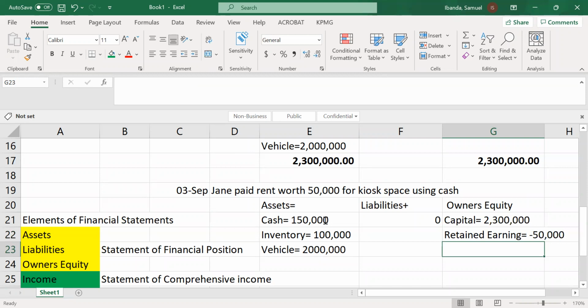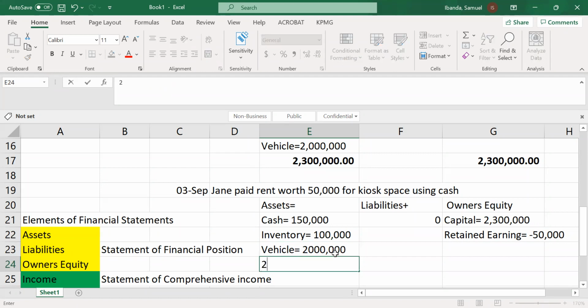So what that means is when we add this 150 plus 100 plus this, it is going to give us 2,250,000.